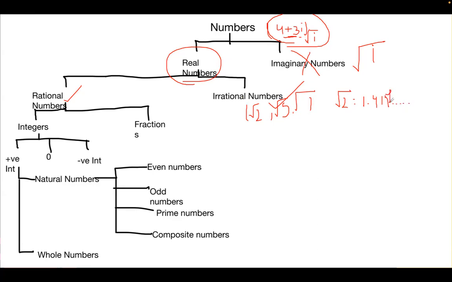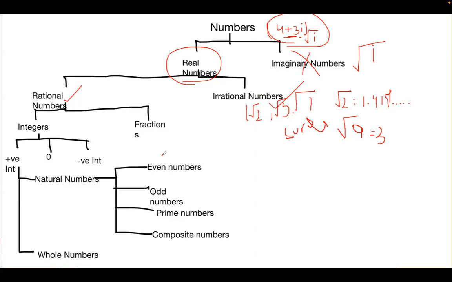We know the value of root 9. This root 9 is equal to 3, that is, it is a rational number only. These irrational numbers are also known as surds. I will explain this in a later section. If these irrational numbers are solved, we get them in decimal format.